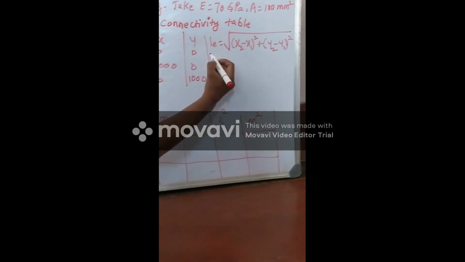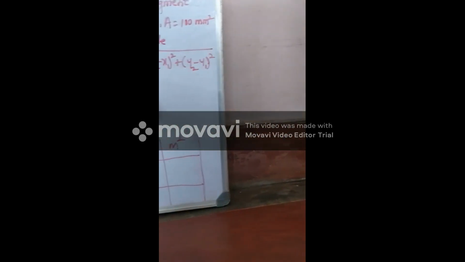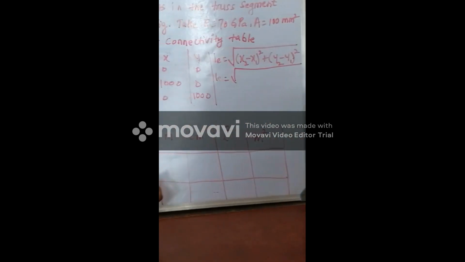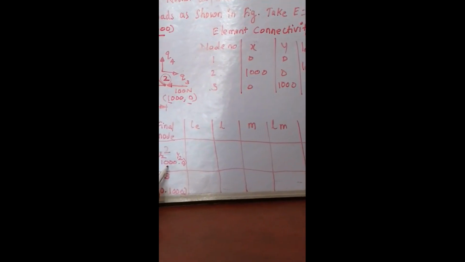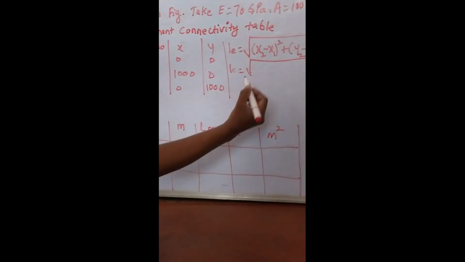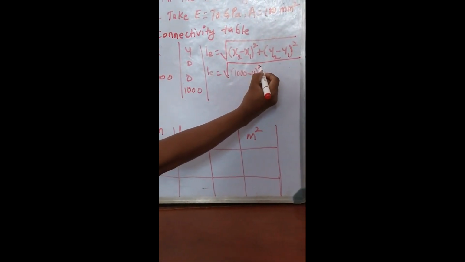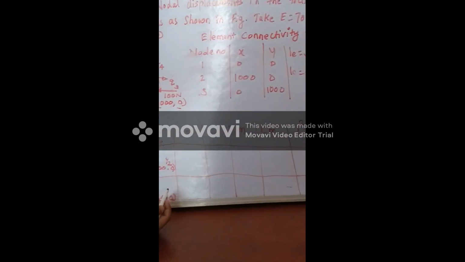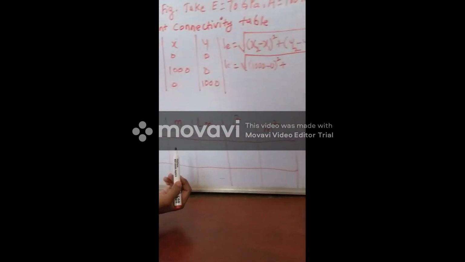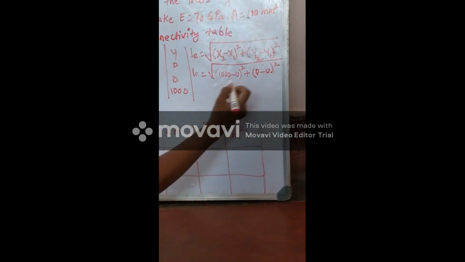So now LE can be written as: the value of x2 is 1000, x1 is 0, so this will be 1000 minus 0 whole square, and the value of y2 is 0 and y1 is 0, so this will be 0 minus 0 whole square.